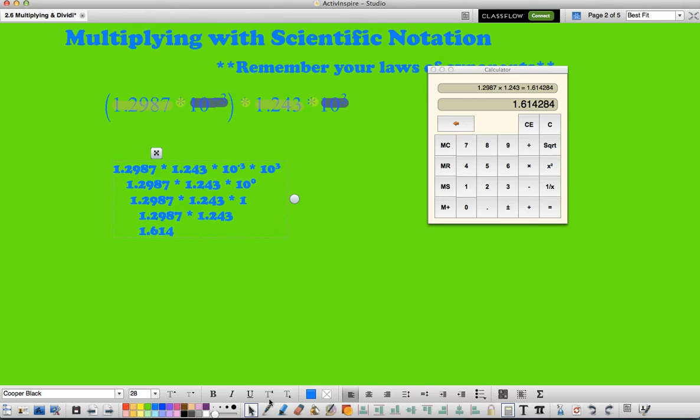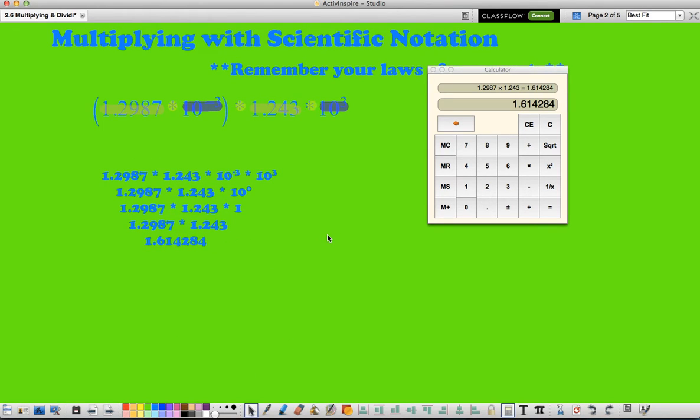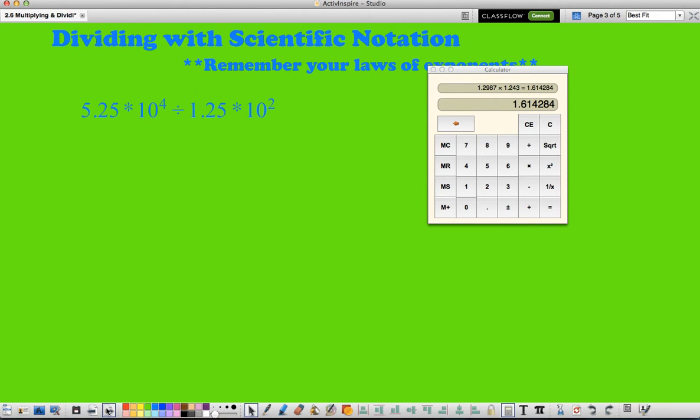I just have a straight answer of 1 and 614,284 millionths. Again, it wasn't that bad because of the fact that we have our laws of exponents, and we know that when we are multiplying numbers in exponential form, I just add my exponents. With division, I know that I subtract my exponents.